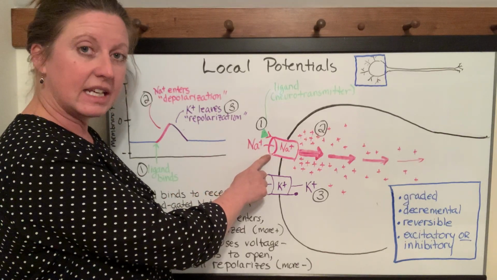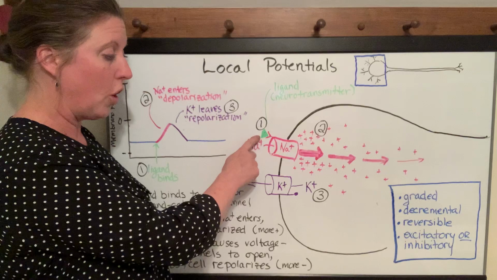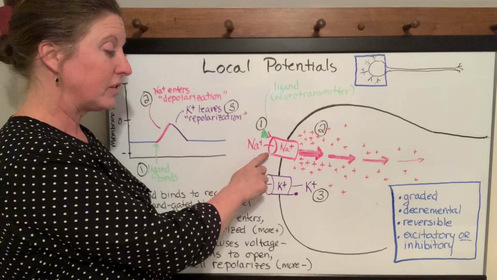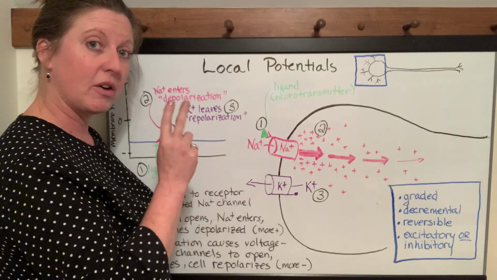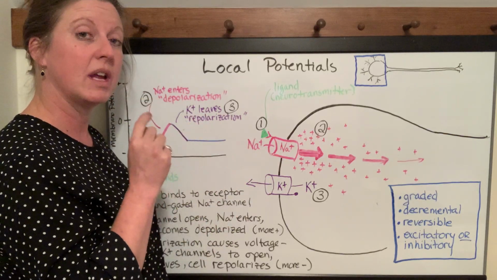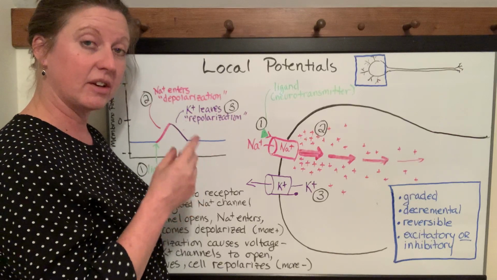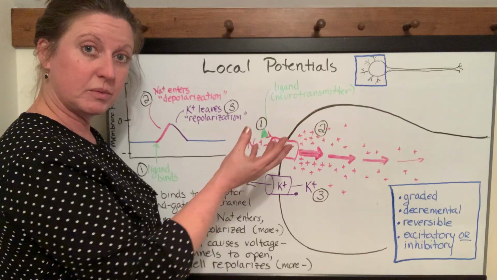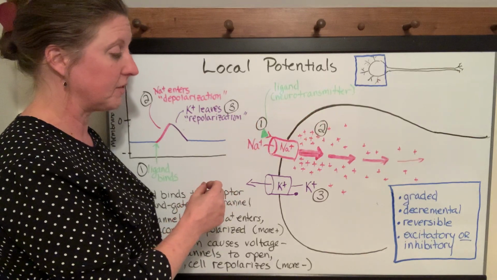A ligand-gated channel is one that opens when a ligand binds to a receptor. So this particular channel, or this particular membrane protein, has two aspects to it. One, it acts like a channel, and two, it acts like a receptor, which will bind to something specific.